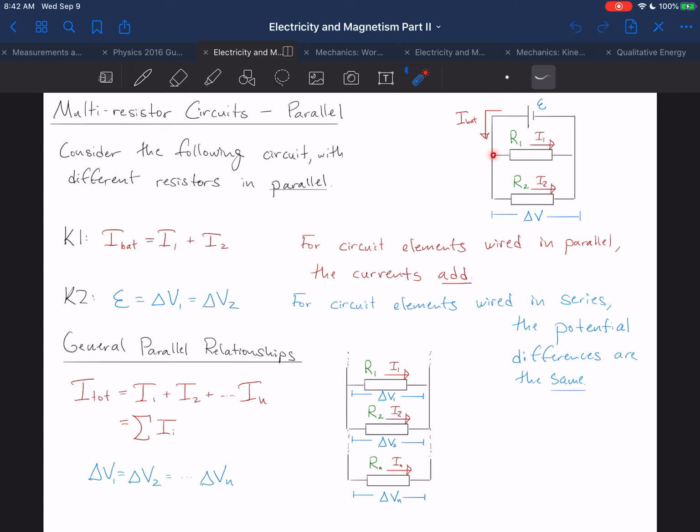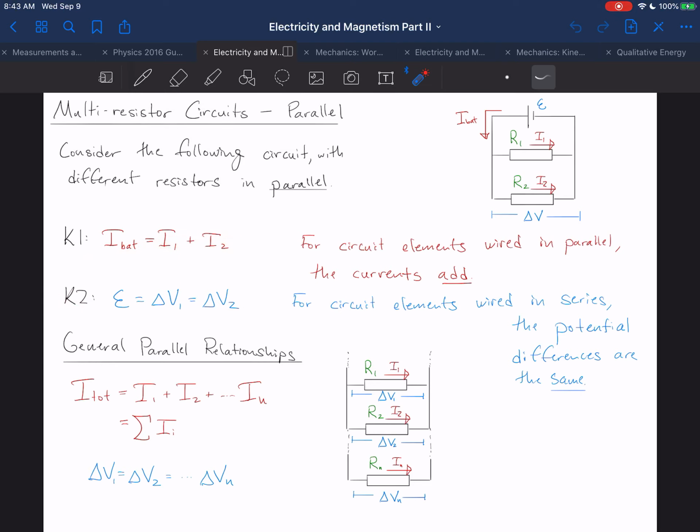So when the current splits at junction 1, I battery splits into I1 and I2, and when it rejoins it is I1 plus I2. In general, we can extrapolate this and say that for any two circuit elements wired in parallel, the currents through those elements add at the junction.